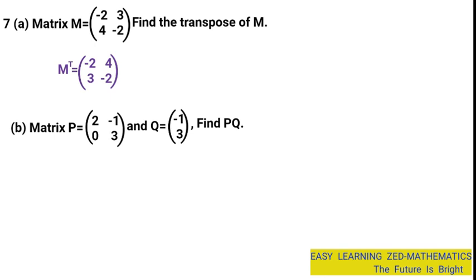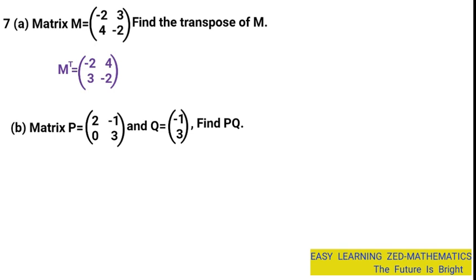Okay, now let's come to question 7B. Question 7B was matrix P is equal to 2, -1, 0, 3, and Q is equal to -1, 3. The question is find PQ.